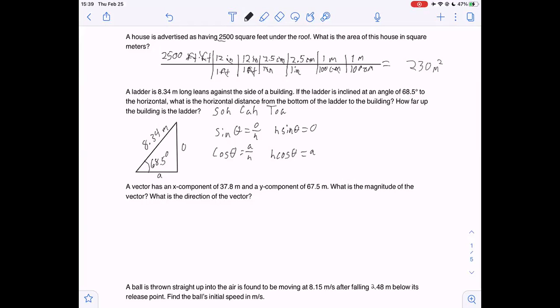So now you can plug in 8.34 times sine of 68.5, 8.34. What do you wind up with for your y?